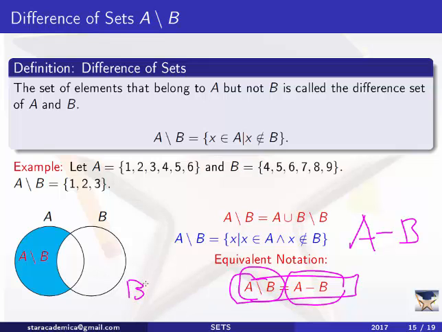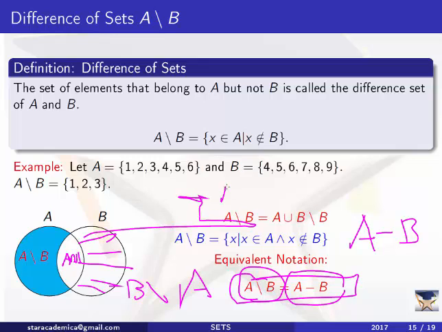And B difference A is this part, right? In B but not in A, just this part. And what was this? This was A intersection B, right? So from here we can say something interesting but important. What is A minus B?